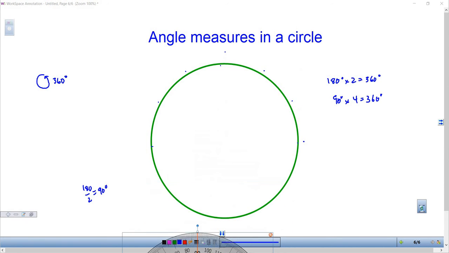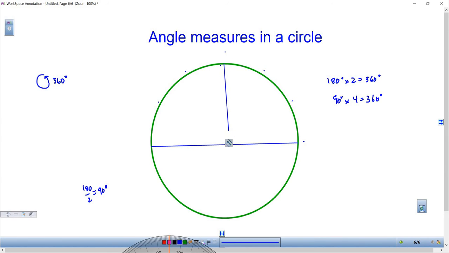You can see then if I go across here connecting those points, there's my 180. If I go straight up and down, there's my 90, and then each one of these now is 30 degrees. Do you see how that works? This whole thing is 90, and now this would be 30, and this would be 30, and this would be 30.